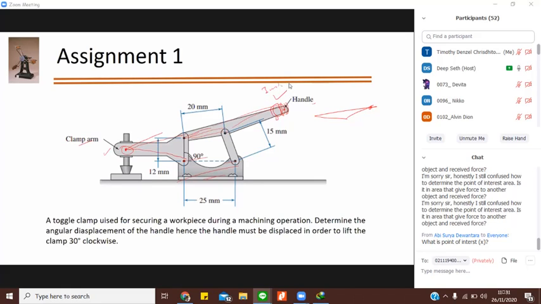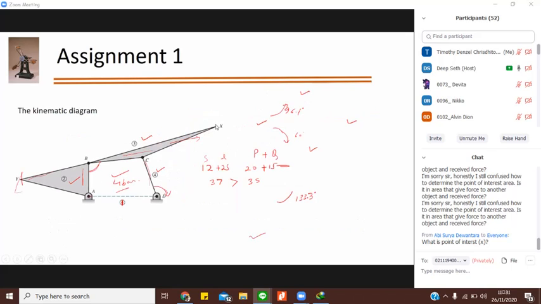Here you are doing some motion like this, some arc, and there you are getting output in the form of this translation motion. Okay, so when you pull it, this part will go up and down.